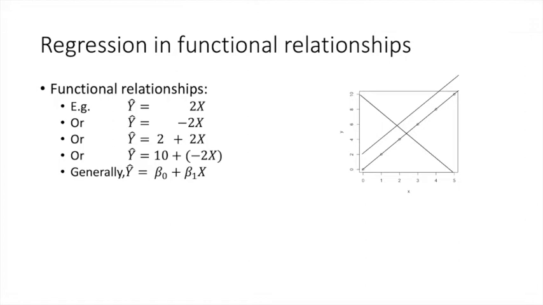Hence, we shall try to predict the outcome variable with a single input variable x, and the prediction formula or the regression line requires two parameters, that is beta naught and beta 1. The exact values of these two parameters will be chosen by the regression procedure that tries to find the best line that describes the data.